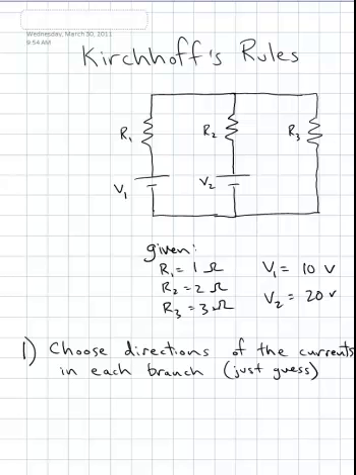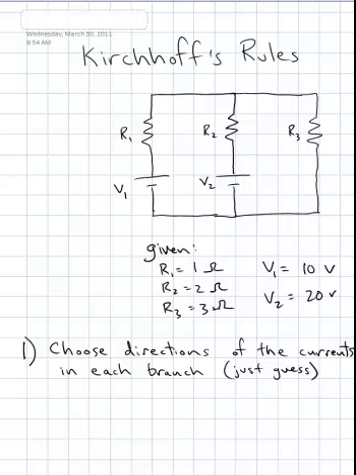So step 1 is to choose the directions of the currents in each branch of the circuit. And you don't have to know anything here. We can just guess if we want to. Normally, the current comes out of the positive side of the battery.